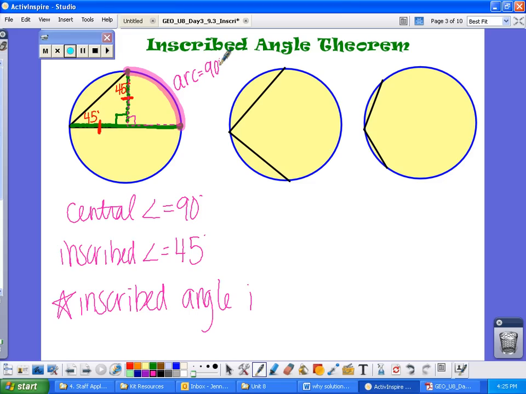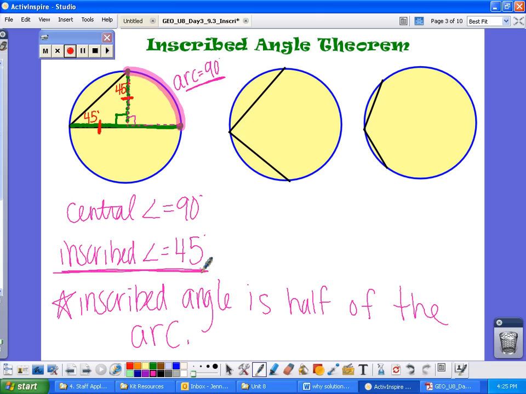So the inscribed angle is half of the arc, okay? Because the arc was 90 up here, and because of my triangle, I could understand that the inscribed angle was 45 degrees, and 45 degrees is half of 90.